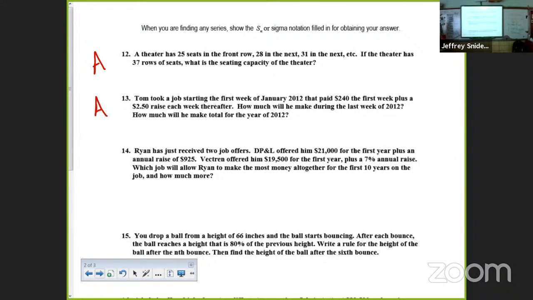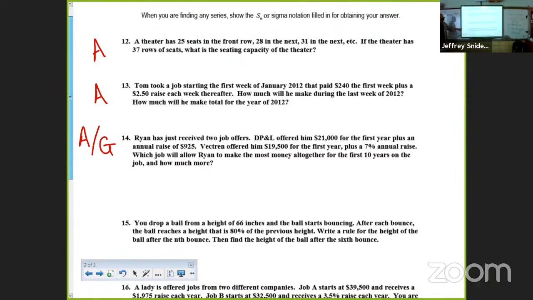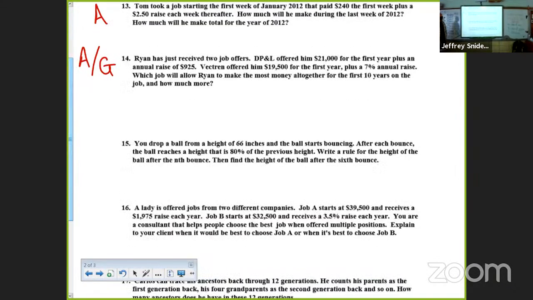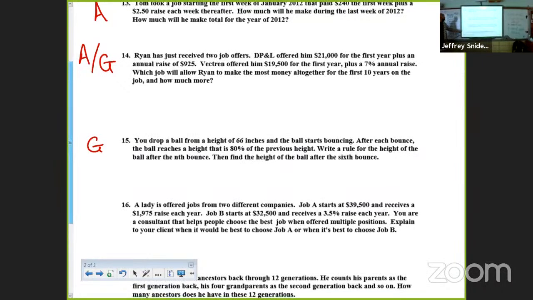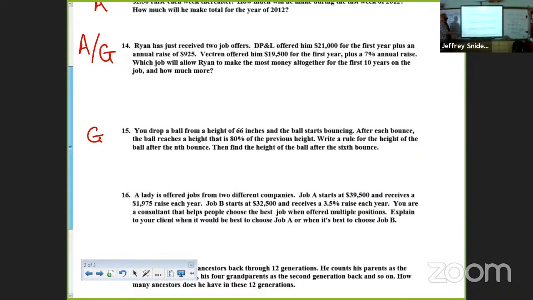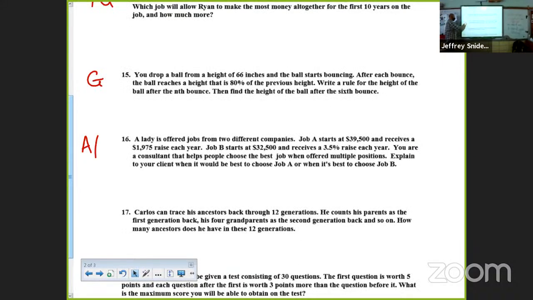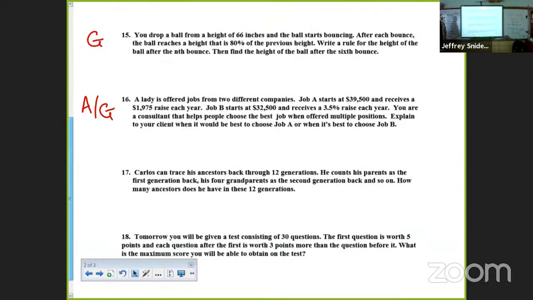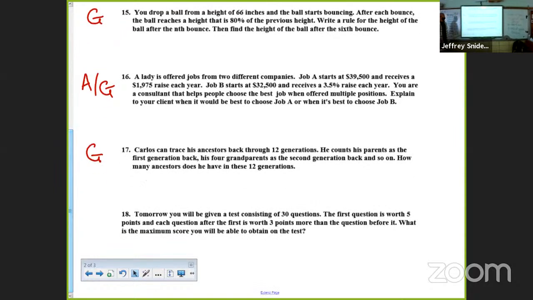It's both, because there's two parts to that question. Number 15. It is geometric. 16. Both, again, it's an arithmetic and a geometric. 17. Geometric. And then the last one down here, arithmetic.